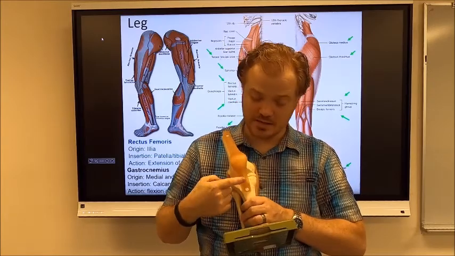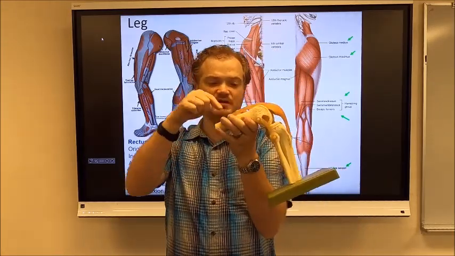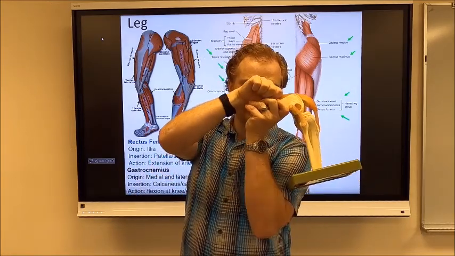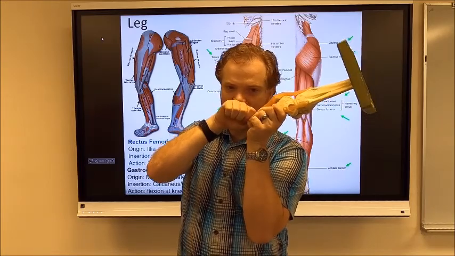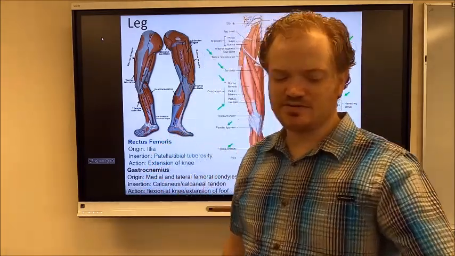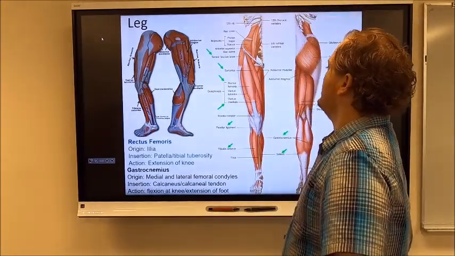Rectus femoris tendon, patellar ligament. What will happen is if the leg is bent and you contract your rectus femoris, it will cause the leg to become straight. That action is to extend. That is to extend the knee. To extend the knee. All right.